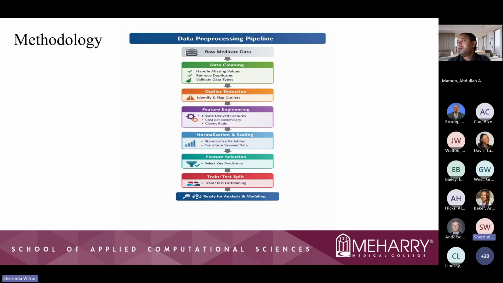In this pipeline, the raw data was cleaned and missing values were handled. I also identified the outliers in the cost per beneficiary and transformed the skewed data. Then I selected the key predictors, and the data set was split into train and test subsets using an 80-20 split. Now the model was ready for analysis and modeling.